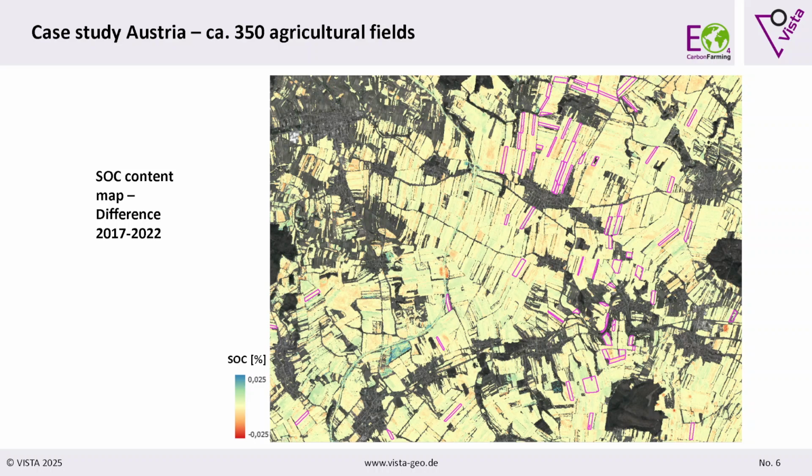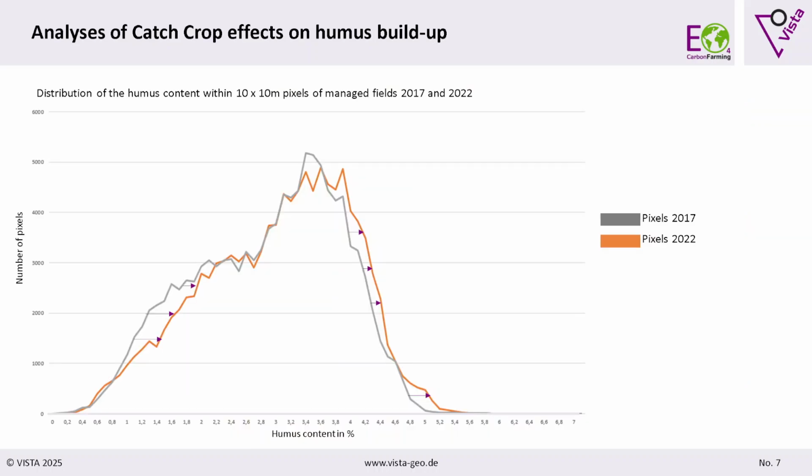We can see in the reddish and orange colors fields where SOC content has declined, and we can see in bluish color SOC content which has risen in the fields. We then use this data to perform a more detailed analysis, especially on the fields we have researched where we know that sustainable farming methods have taken place.